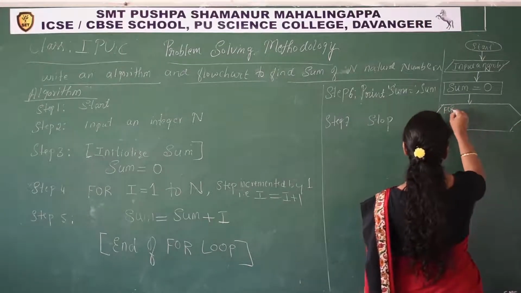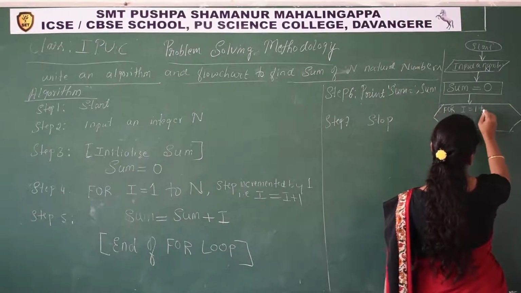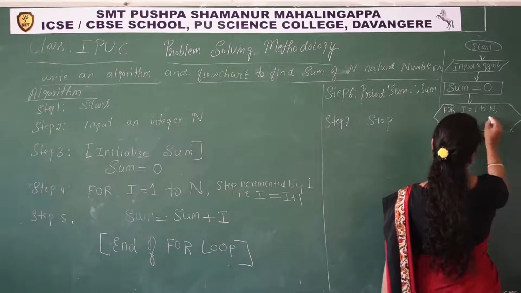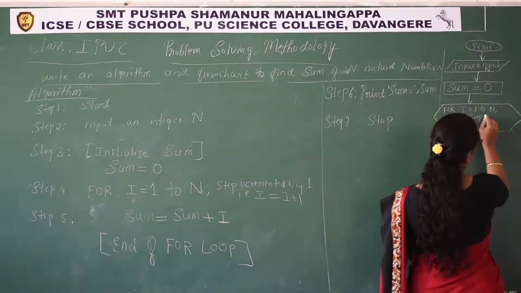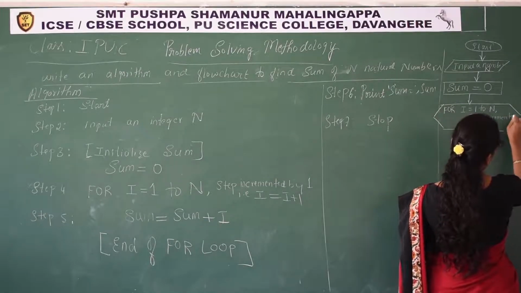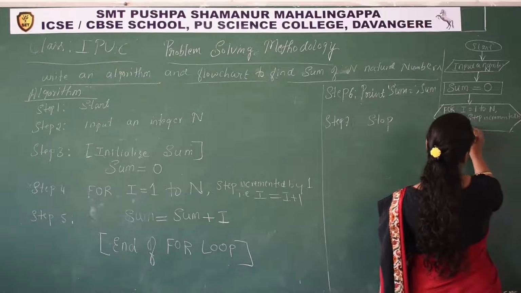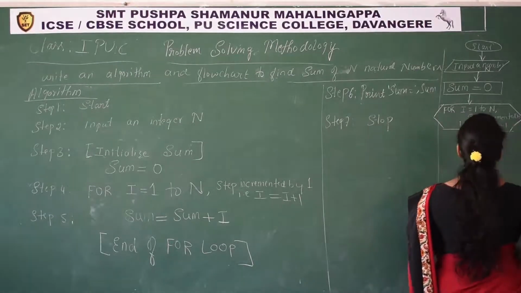The same thing we should write here. For I is equal to 1 to n, step incremented by 1, that is I is equal to I plus 1.